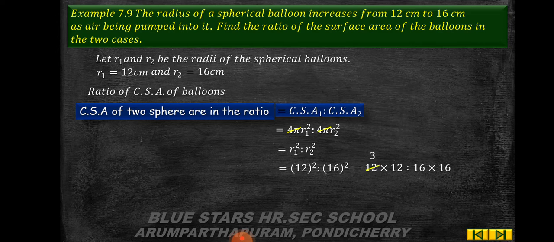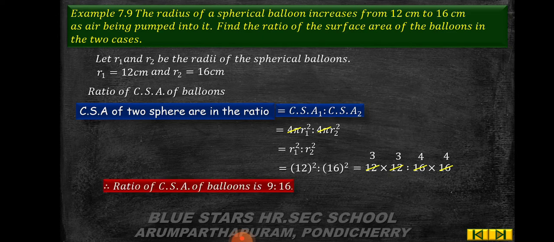So 12 and 16 get cancelled. It becomes 3 and 4 times, again 3, 4 times. Because it is given in the ratio, you can write it in the form of fractions. Therefore, ratio of CSA of the balloons is 9 is to 16.